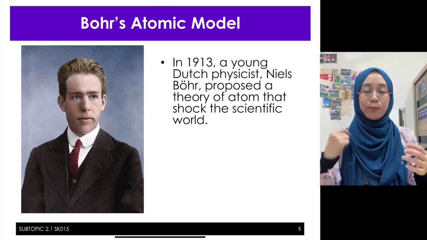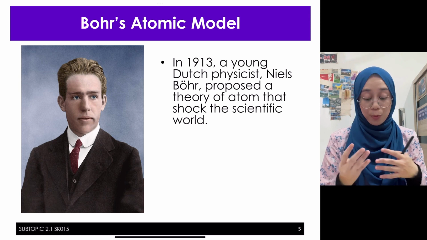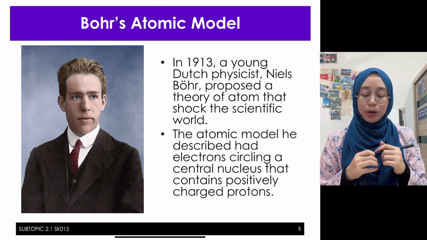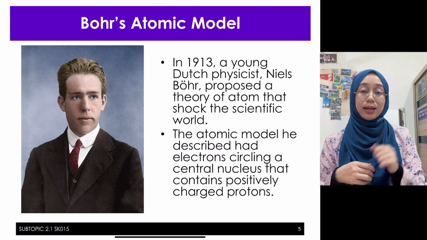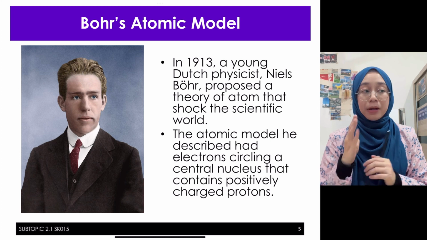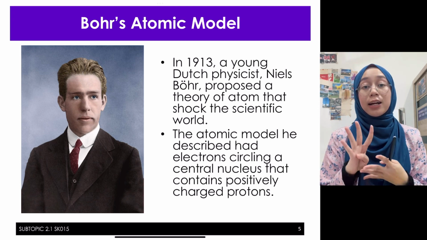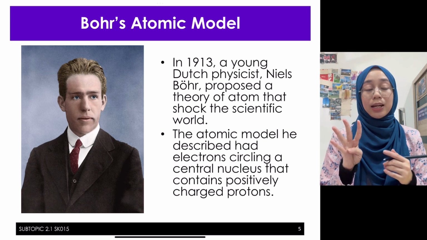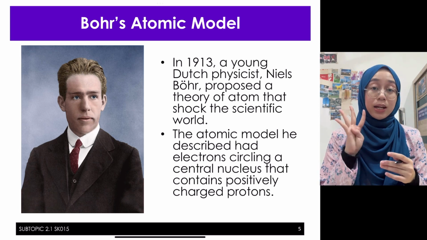Okay, tapi dia punya teori adalah based on ada 4 assumption yang dia buat. Okay, so the atomic model he described had electrons circling a central nucleus that contains positively charged proton. Okay, jadi apa 4 assumption yang dia propose sebenarnya? Okay, so this 4 assumption yang kita panggil sebagai postulate. Okay, 4 ni kamu kena tahu.